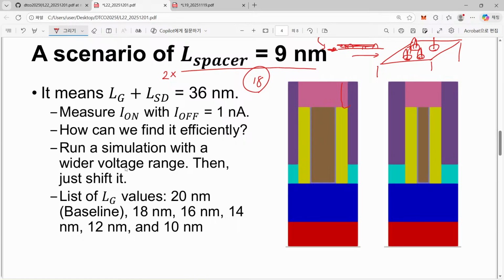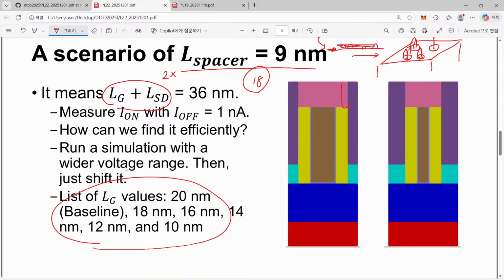So it means that we have to have this sum: gate length and source drain length should be 36 nanometers, and this 36 should be divided into two parts. If I take 20, you take 16. If I take 10, then you take 26. There is a zero sum between these two parameters. So we will take this scenario.